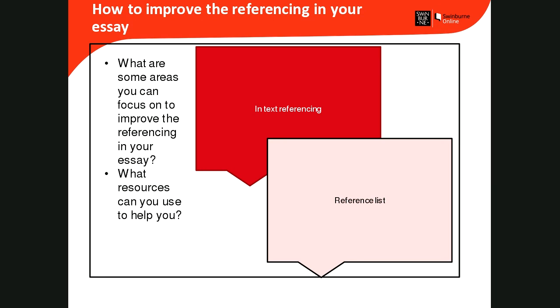So if you've got any ideas, just jot them down. I'll get the ball rolling with the reference list. Really, really important that you use the APA guides to format your reference list, because it is super easy to do once you've checked it out.